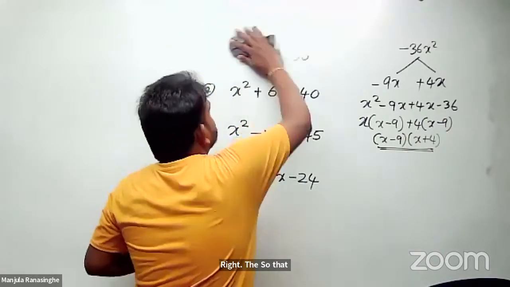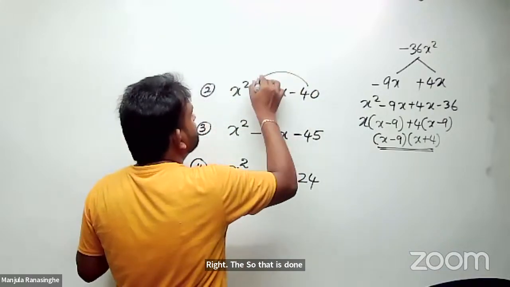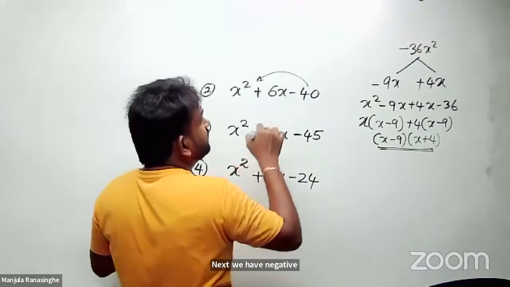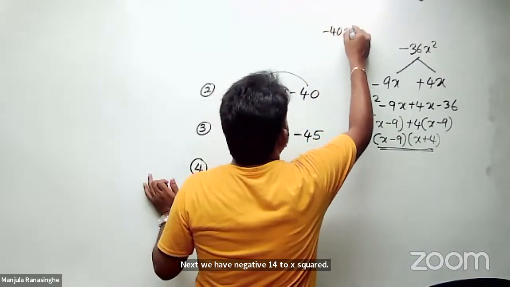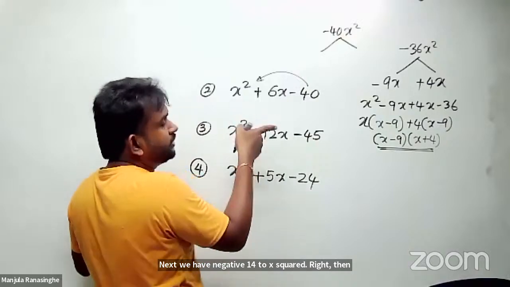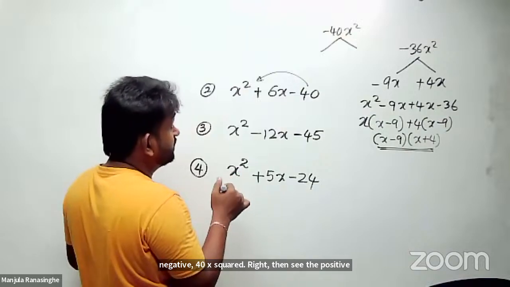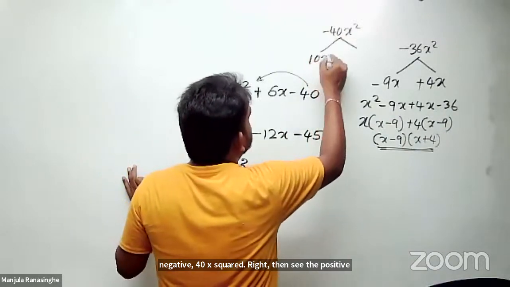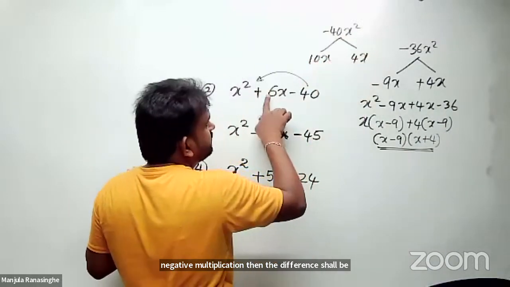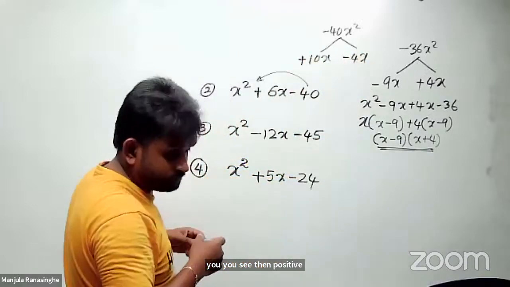So that is done. Next we have x squared, then negative 40. See the positive-negative multiplication, then the difference shall be positive 6. Then 10x and 4x, the difference gives you 6. Positive there, so positive for this one, and this is negative.